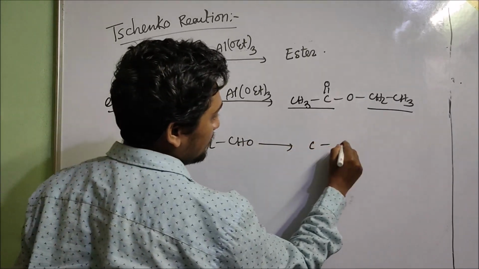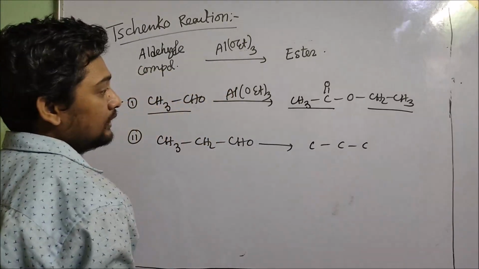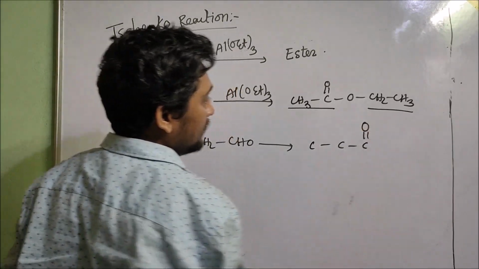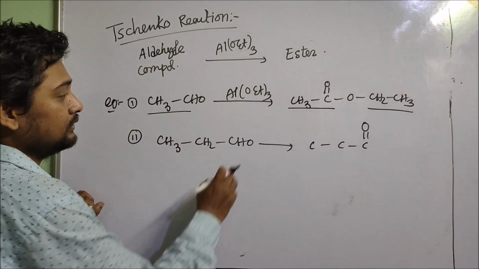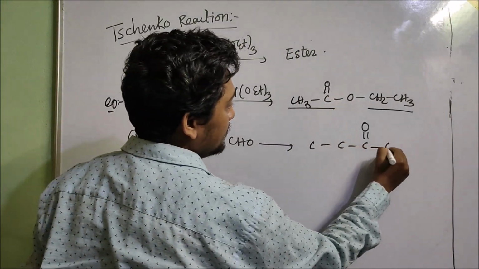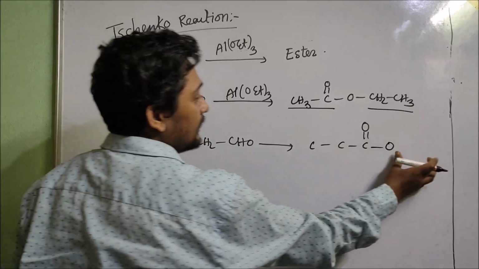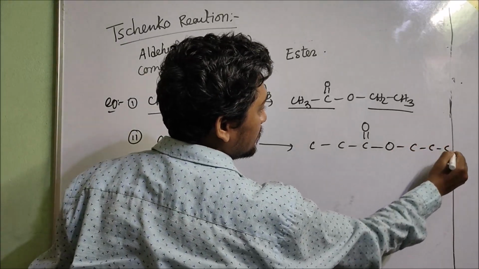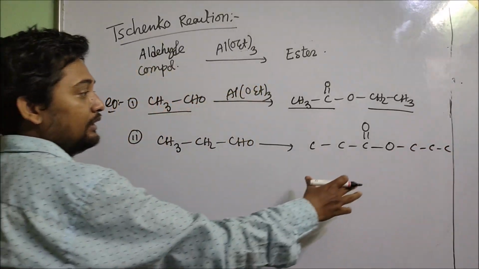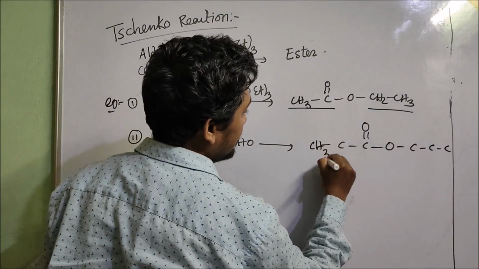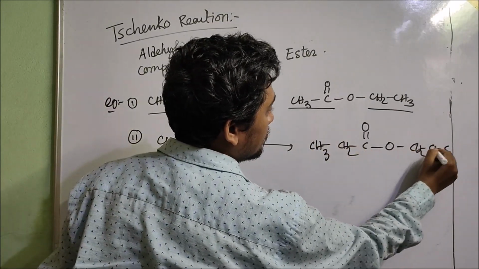So I will write 3 carbons. There will be a keto group and here will be oxygen. So I have written 3 carbons. Now here there will also be 3 carbons and I will balance them by adding hydrogen.